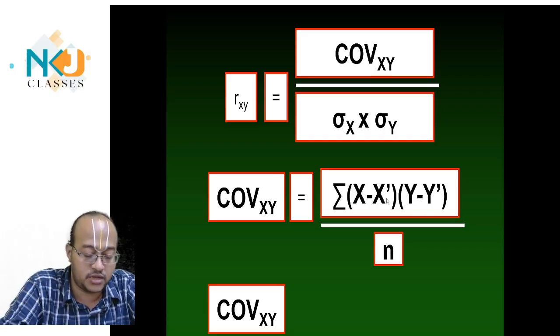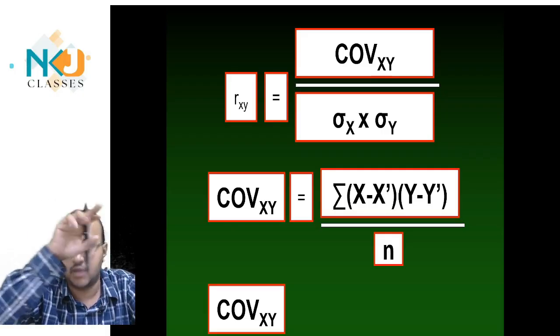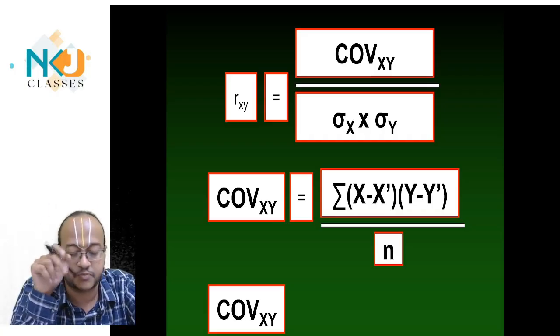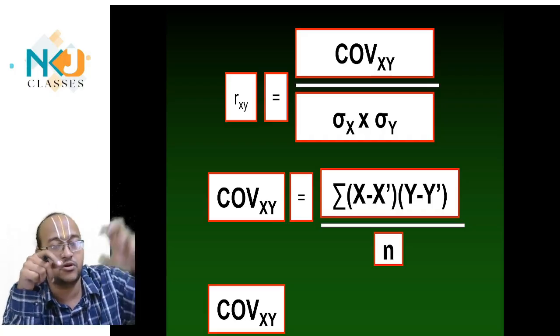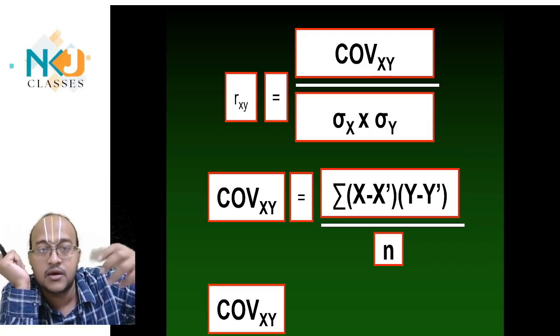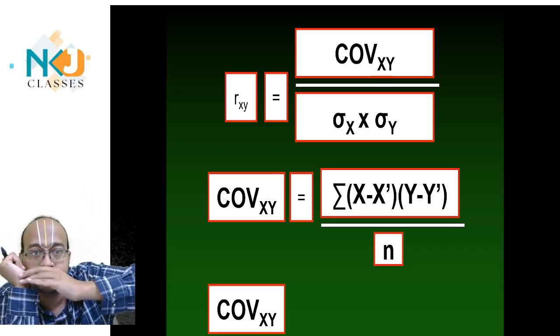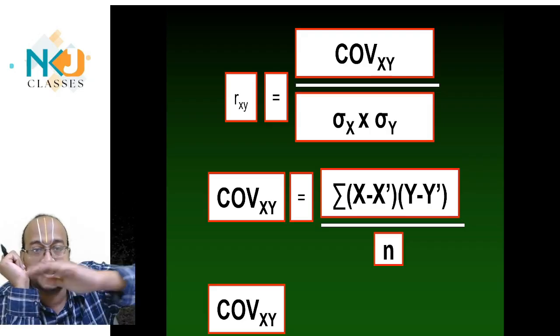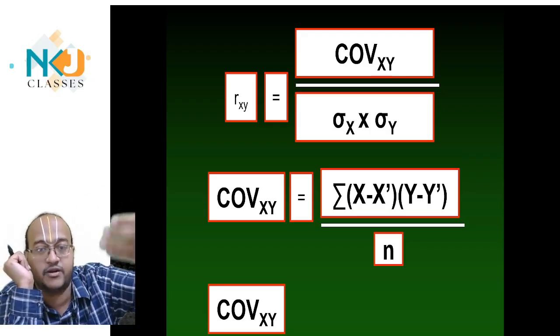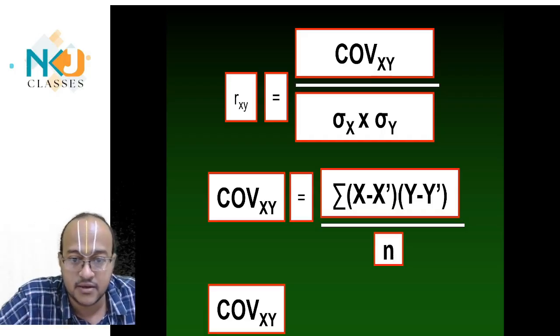I told you, x bar is understood as the mean of x. X minus x bar, we got it, right? In the third column, we found x minus x bar, remember, correct? And in the fourth column, we found y minus y bar. In the next slide, when we see, it is very simple. For security x, we found x bar, the mean, correct?